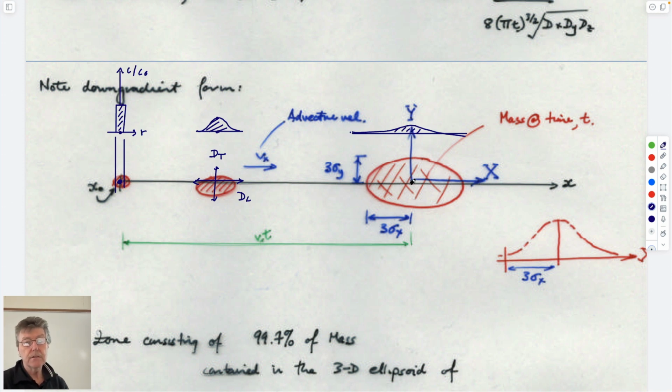And so this solution is just the bell curve, Gaussian distribution. And as you know, the normal probability distribution is characterized by a magnitude of a mean, right?